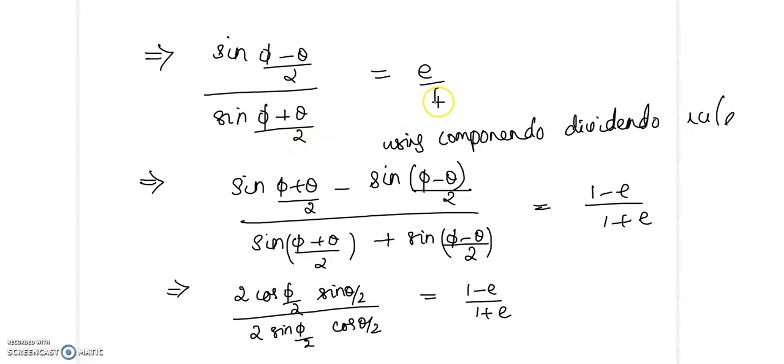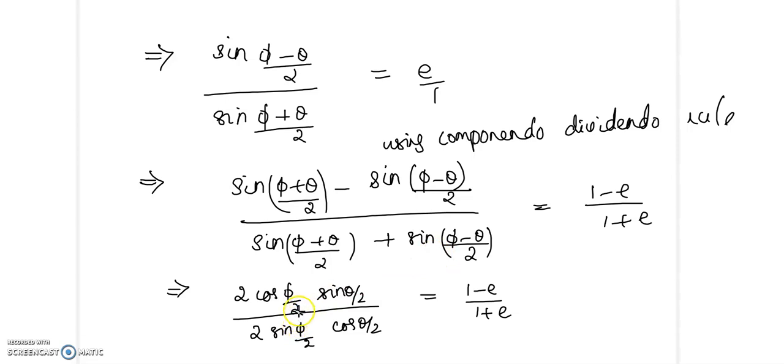Now here the numerator is in the form sin(A+B) − sin(A−B), and here also sin(A+B) + sin(A−B).